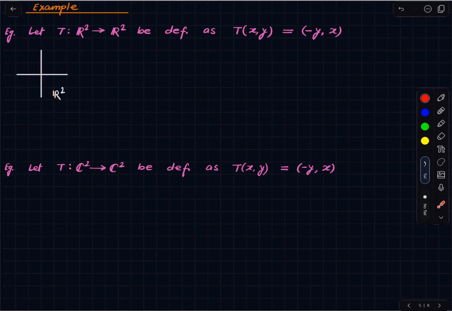So that's visually clear as to why this does not have any eigenvectors apart from 0, and therefore it does not have any eigenvalues. If it had an eigenvalue, it would have a non-zero eigenvector corresponding to it. So it does not have any eigenvalues either, but let's prove this formally.